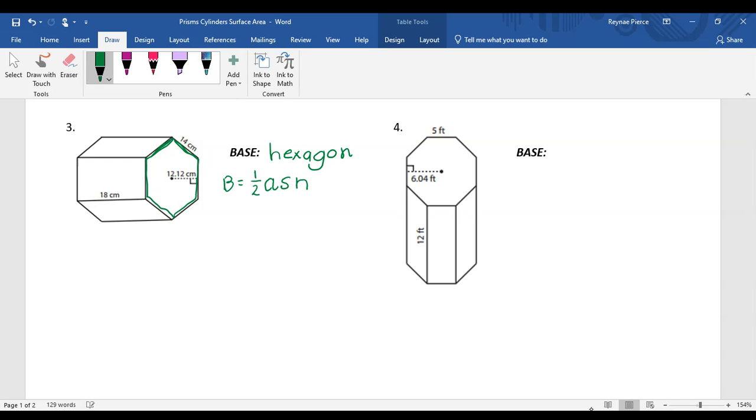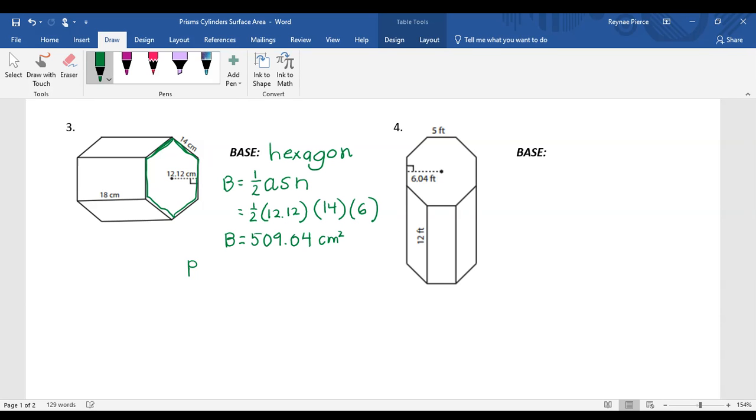All right, my apothem is 12.12. The side length is 14 and the number of sides is 6. All right, multiply all of those. I find that the area of my base is 509.04 square centimeters.